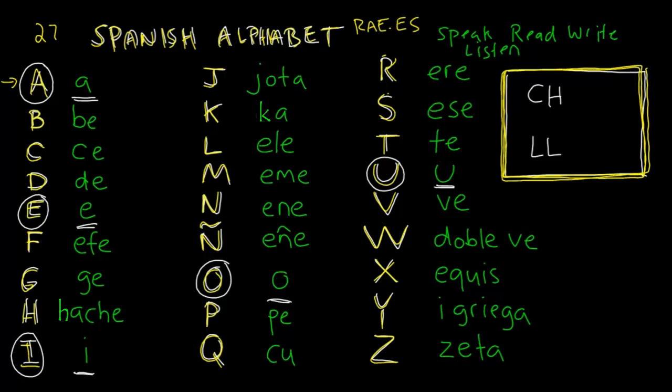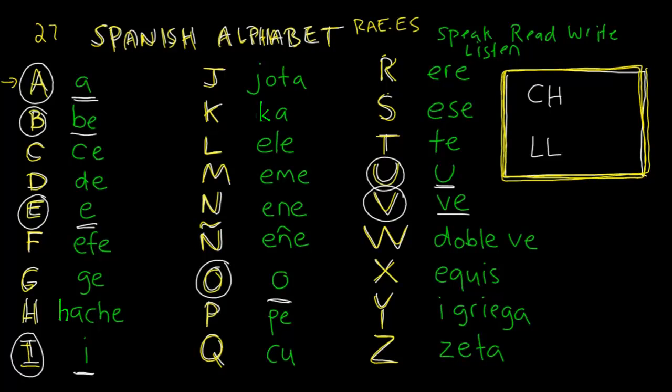The next two letters that we need to discuss are the B and the V in Spanish. If you noticed when I was saying the alphabet, I said the exact same pronunciation for the B and the V. And that's because they have the same pronunciation.